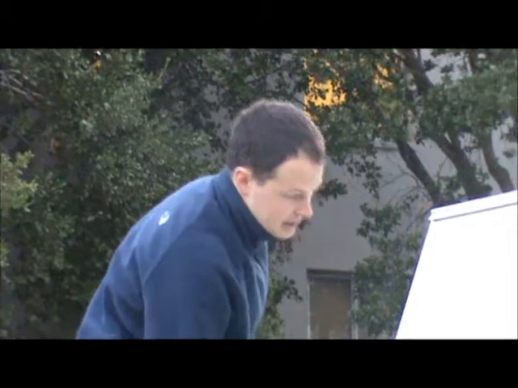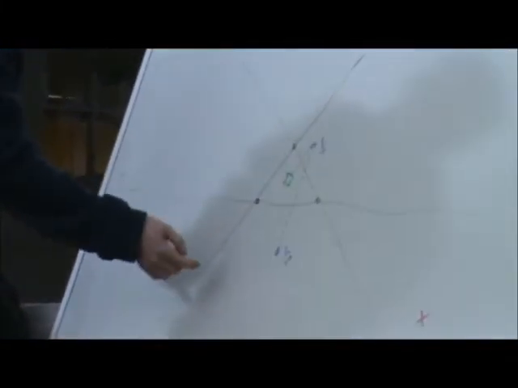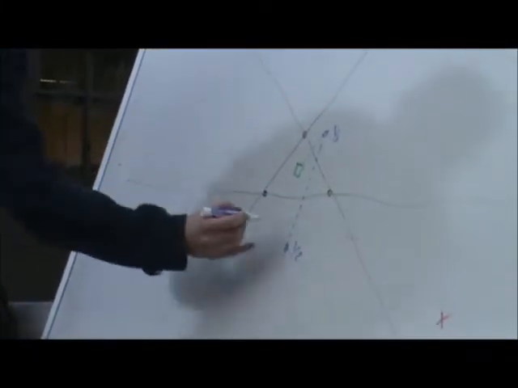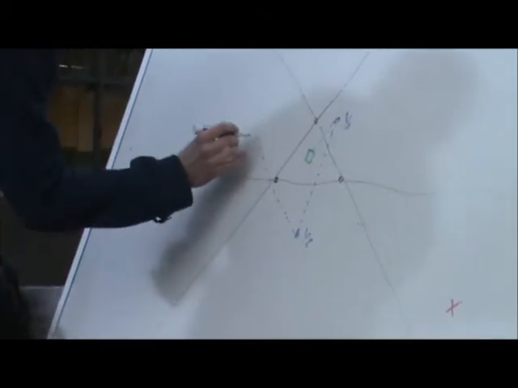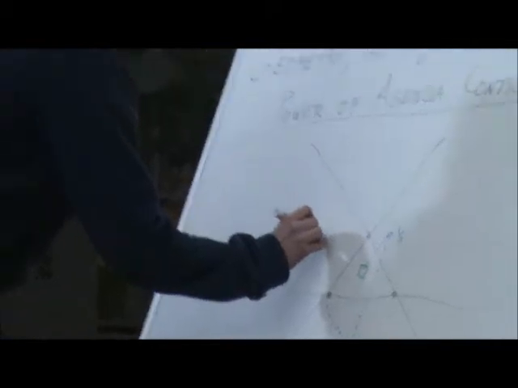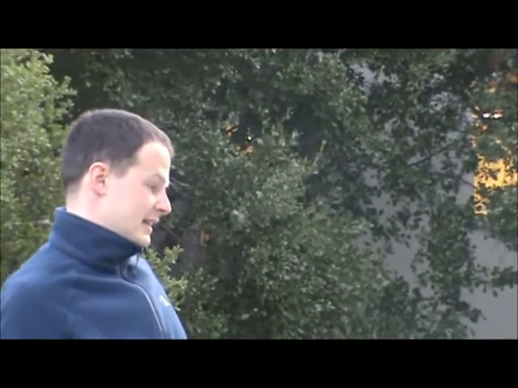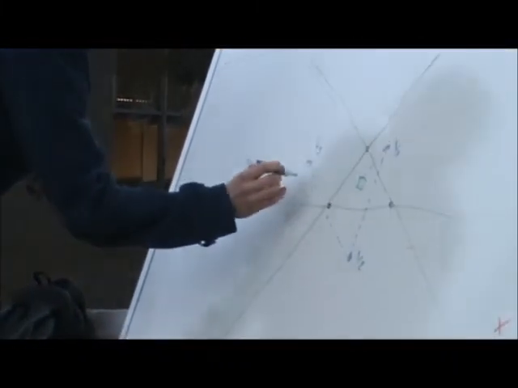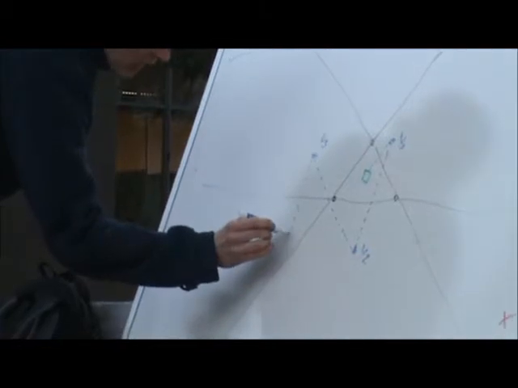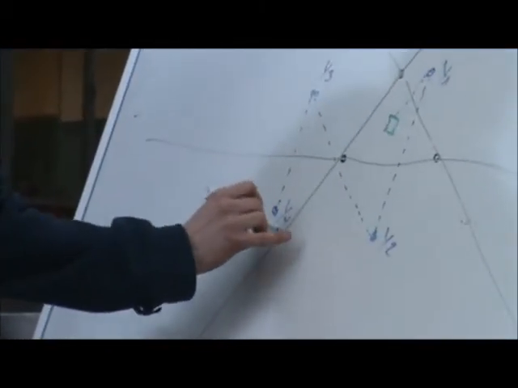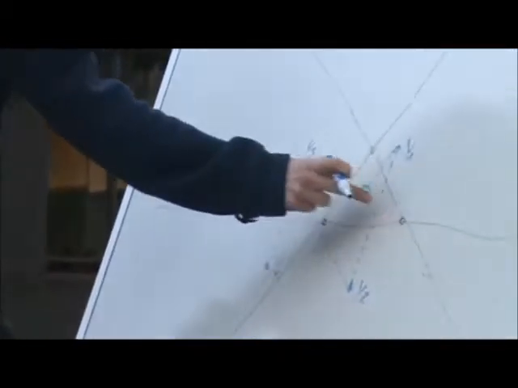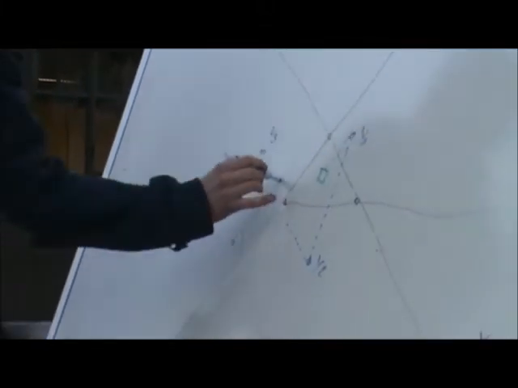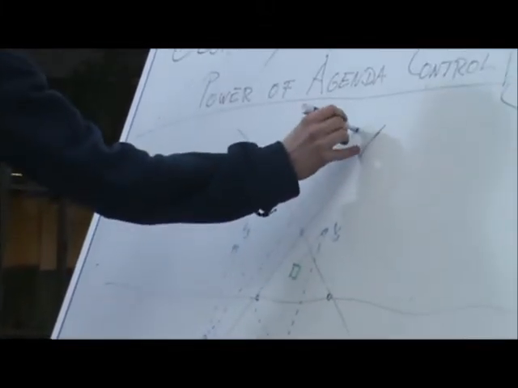So we can play off these two guys against this one to get over here, and then we play off these two guys against that one to go over here. And then we play off these two guys against this one. Go over here.